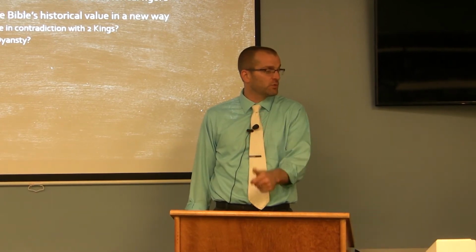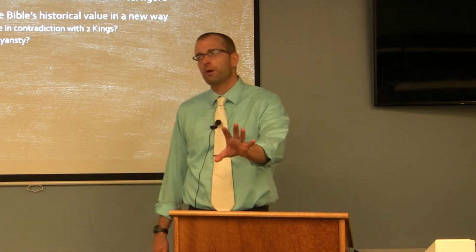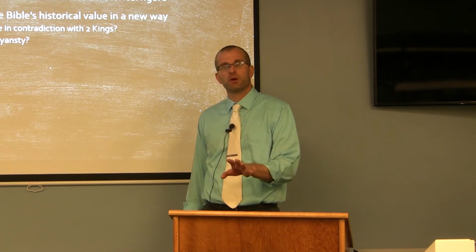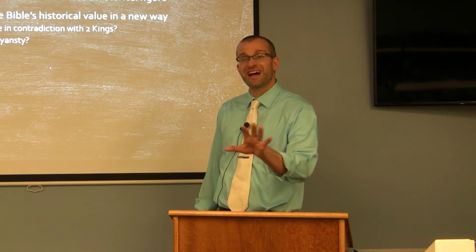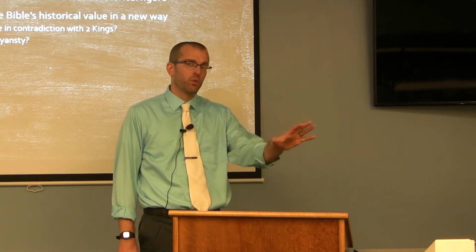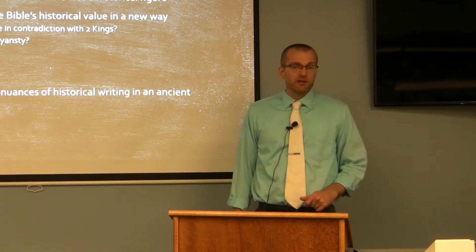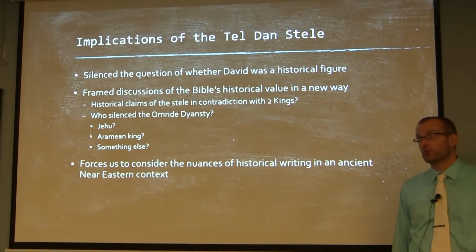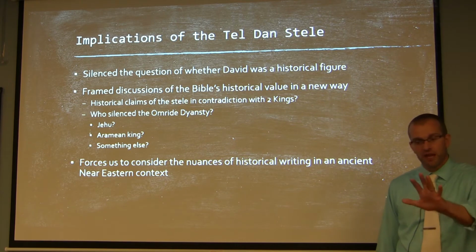Who silenced them? Was it Jehu? Was it an Aramean king? Or, which is somewhere where I'm probably going to take us, is there something more nuanced going on here? Is there something else that the Bible's not denying, but the Bible's merely shifting its focus away for theological reasons? Again, this will force us to consider the nuances of historical writing in an ancient Near Eastern context. So with all of that said, put that on pause.